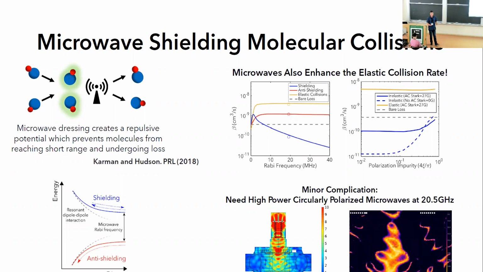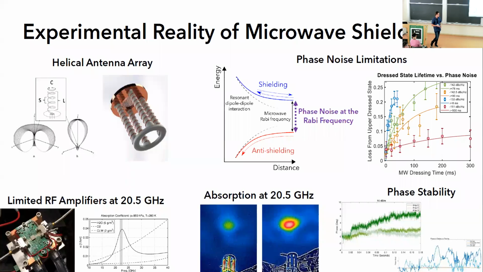Now there is a slight complication to this, which is that in order to actually create this shielded dressed state, we have to apply very high power, cleanly polarized circular microwaves within our chamber. And of course, there are several other complications here, namely that you're at 20 gigahertz, so you have absorption within all your different materials.